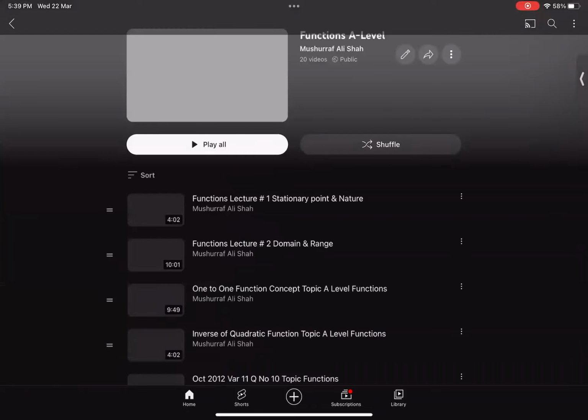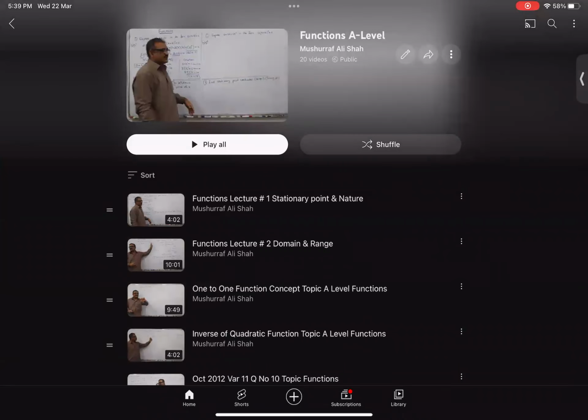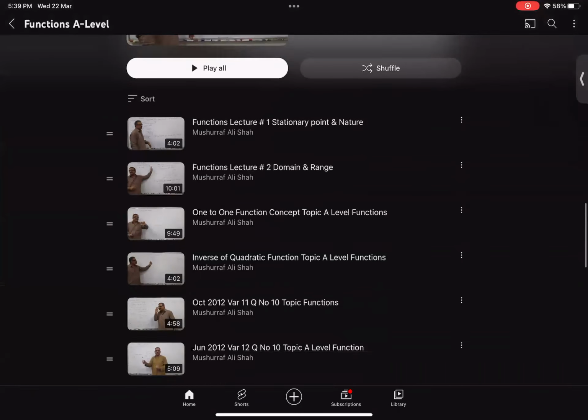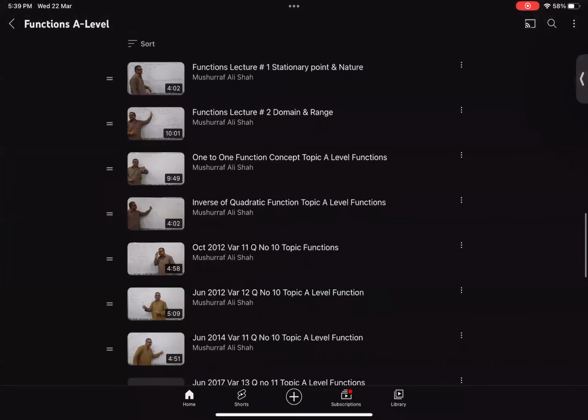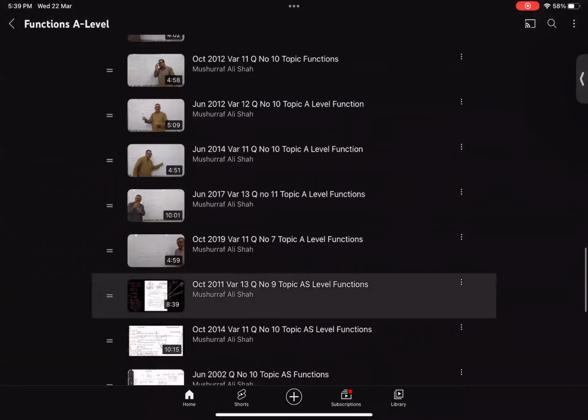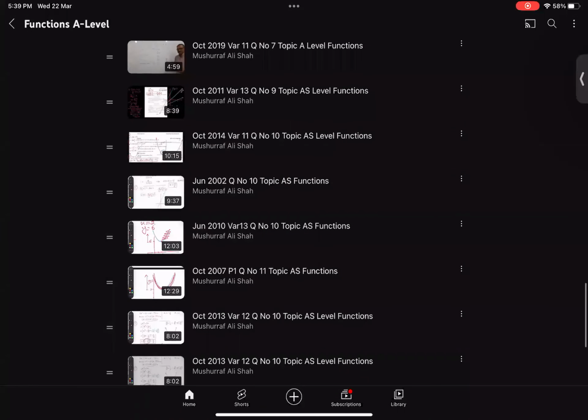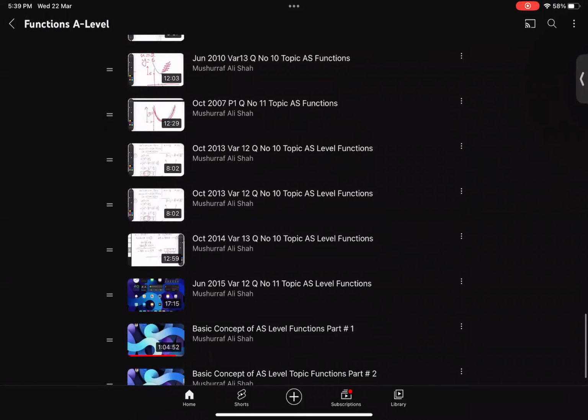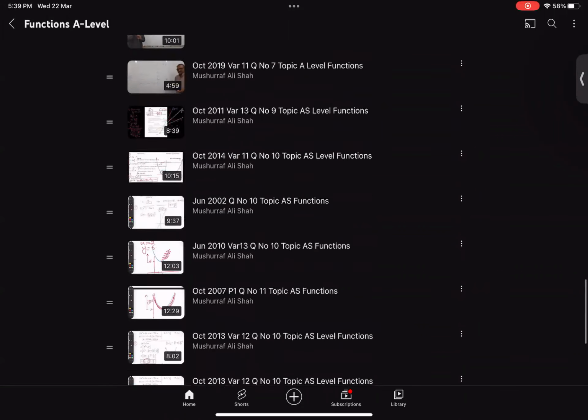When you open it, in this way I explain the stationary points concept, lecture number 2 domain and range, lecture number 3 one-to-one function, lecture number 4 inverse function of quadratic, which we discussed today too. Then we have about 15 questions available on different concepts.